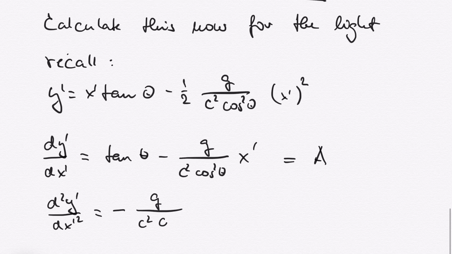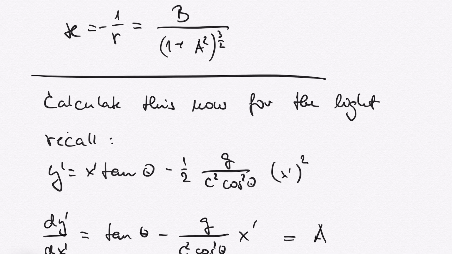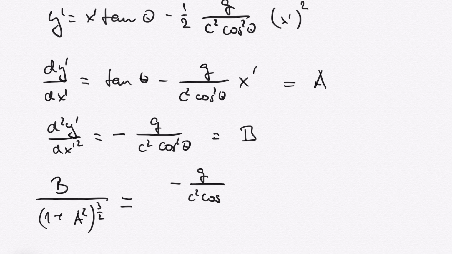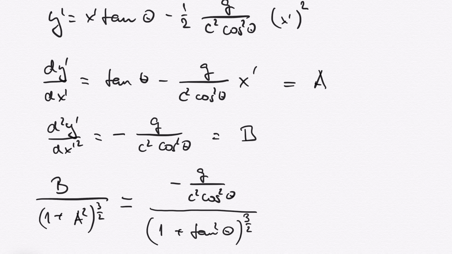We still keep the x prime there, but when we put x prime equal to 0, the b is there now. This is our expression which we want to evaluate, and let's insert for a and for b. So this will be minus g over c squared cosine squared, divided by this bracket 1 plus tangent squared theta to the power of 3/2.